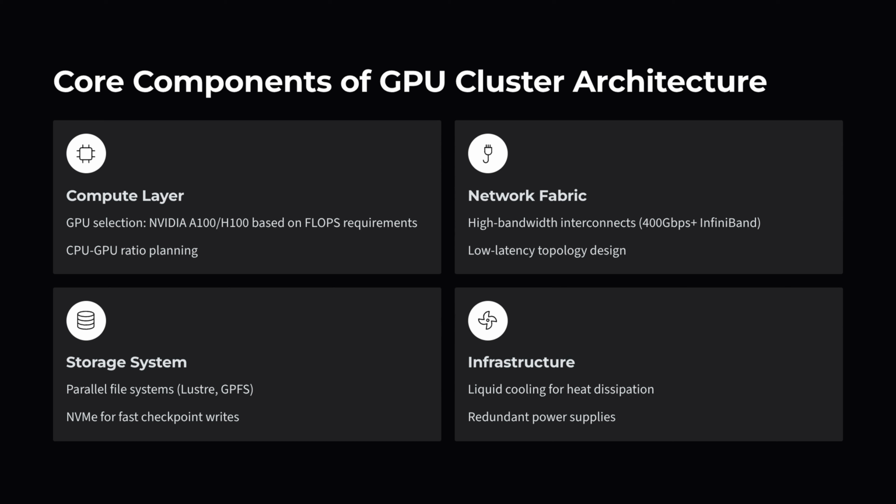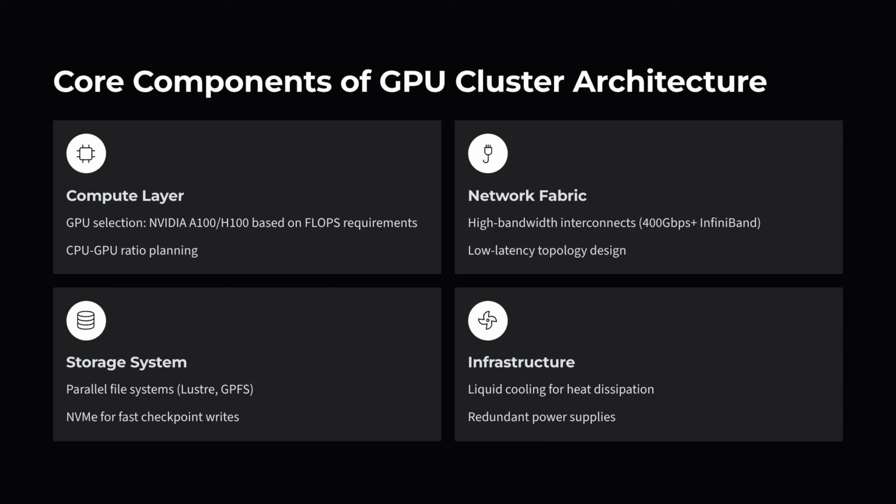Core components of GPU cluster architecture. A GPU cluster works only when every layer supports the others, almost like a well-run hospital where surgeons, labs, transport, and power backup stay in sync. The compute layer is the operating room.